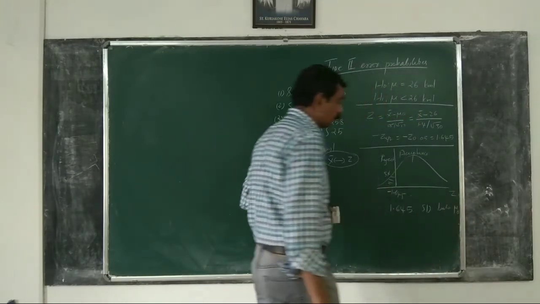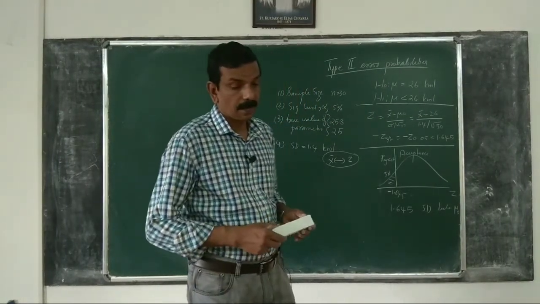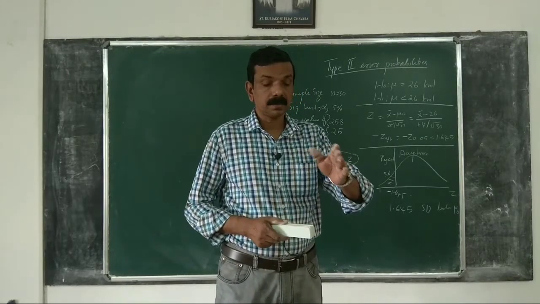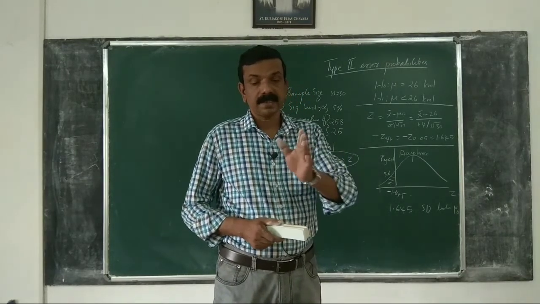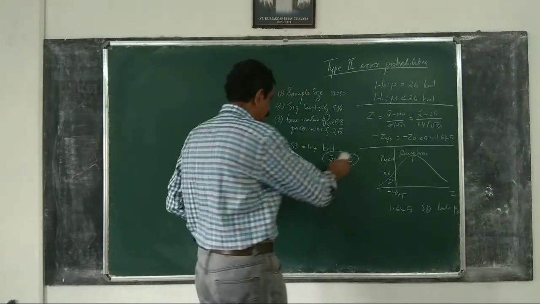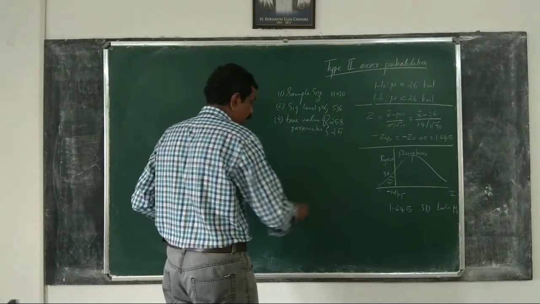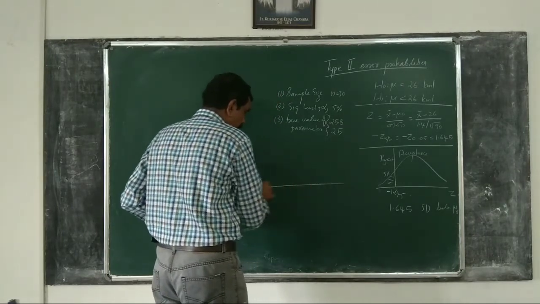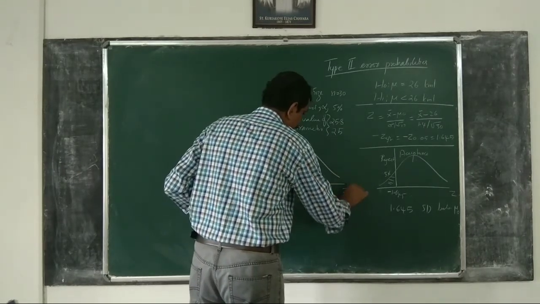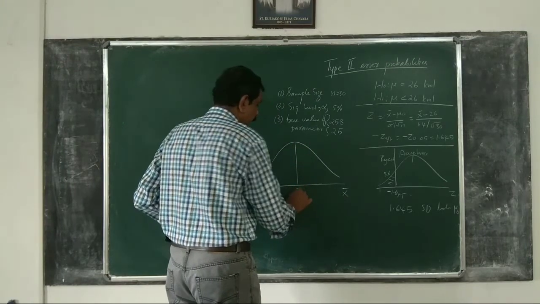That is, we have to find x bar, the sample mean, which is 1.645 standard deviations below H0. Let us see what we are doing here. In terms of x bar, the hypothesized value is 26.